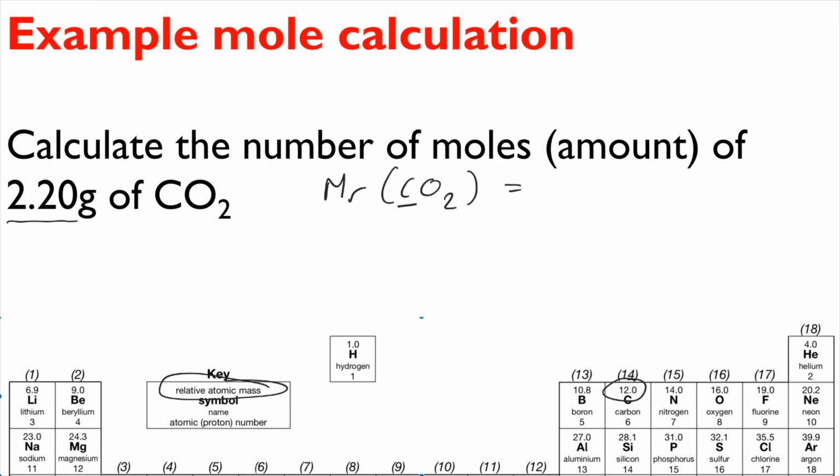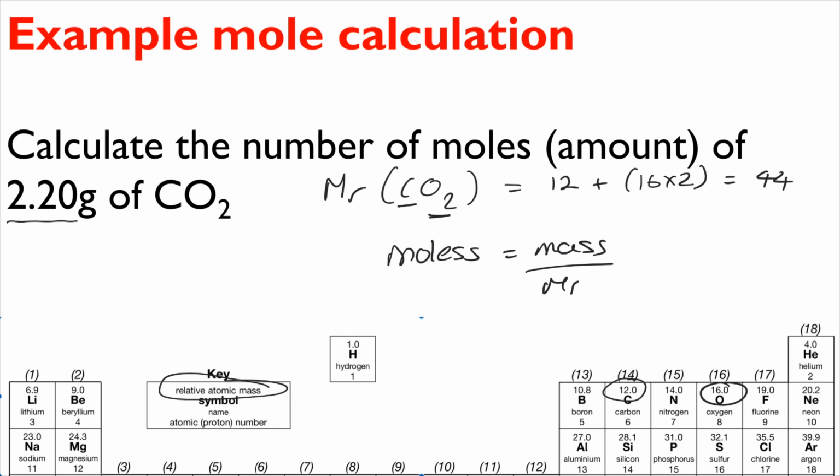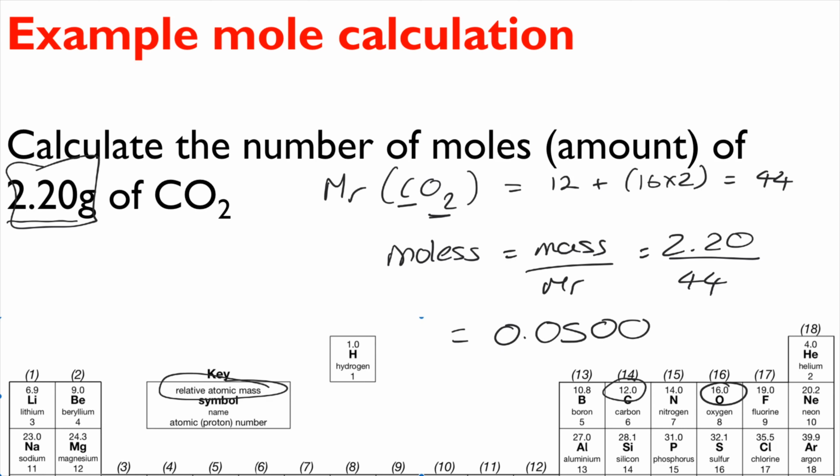This tells us we've got 1 carbon and 2 oxygens, so it's 12, plus we find oxygen, which has a relative atomic mass of 16, and there are 2 of them, which equals 44. Then to work out moles, we do mass over Mr, which is 2.20 divided by the Mr, which is 44, which will give us an answer of 0.0500 to 3 significant figures.